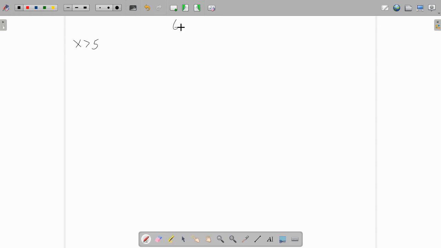We're going to look at graphing the solution and interval notation. To be honest with you, when we get to pre-calculus and calculus, interval notation is really the one we use. We don't really graph things, but we use interval notation in calculus all the time.